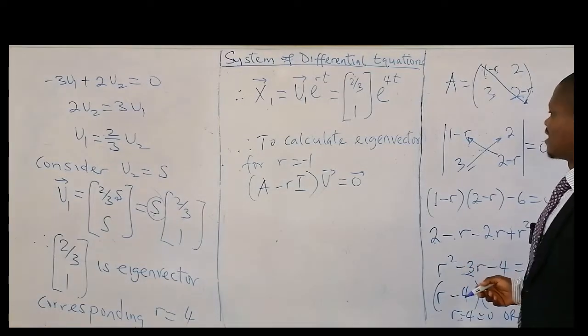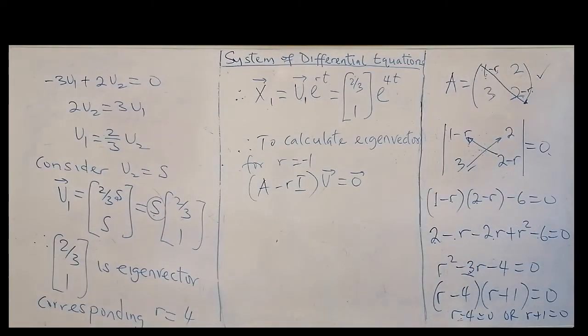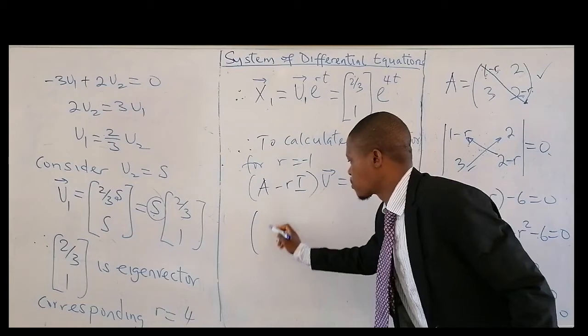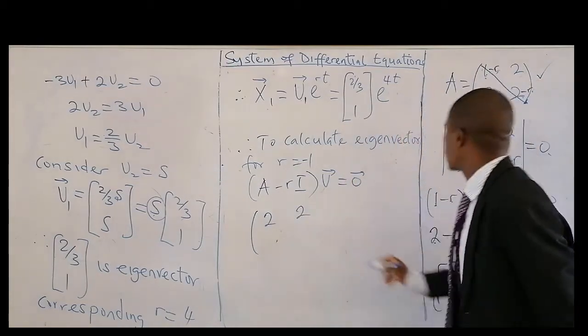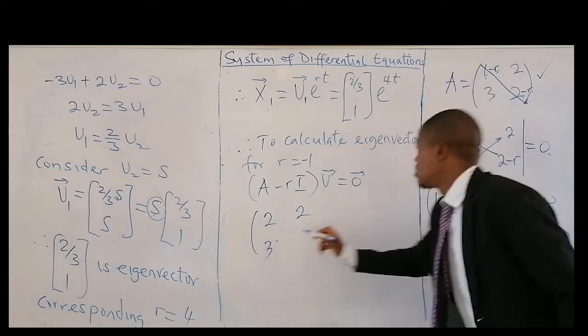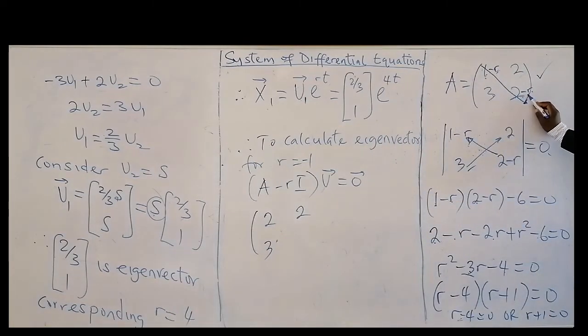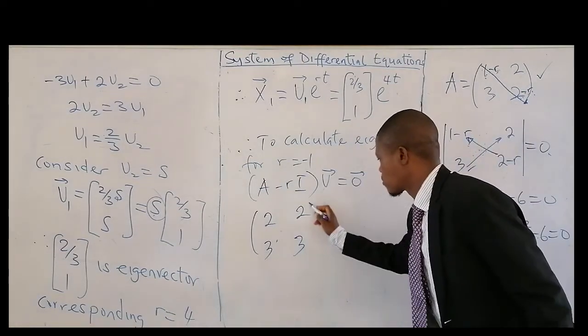The meaning of that is that you come back here, and on the main diagonal, you subtract minus 1 from that place. This is minus 1, so this will be 1 minus minus 1. That will be 2 here, 2 here, 3 here, and here 3. 2 minus minus 1, that's 3.